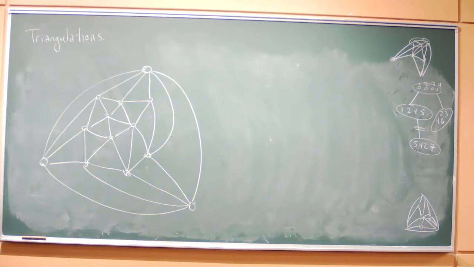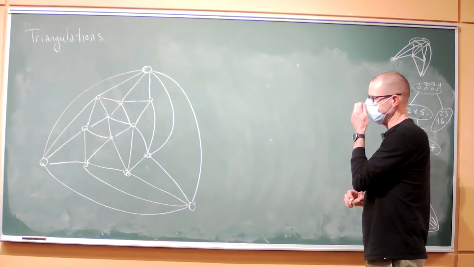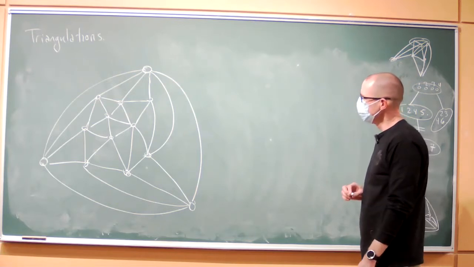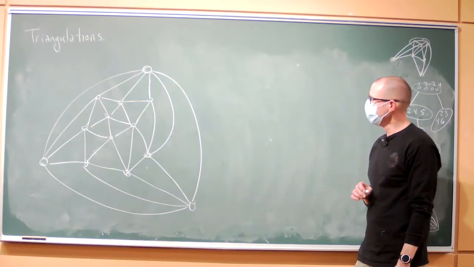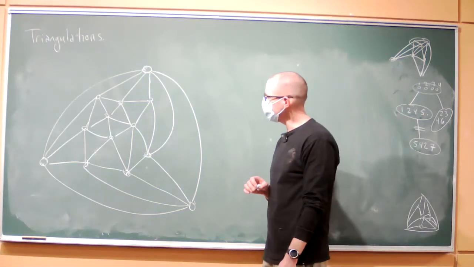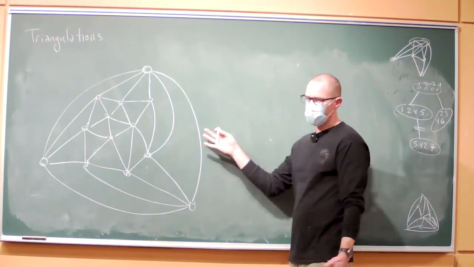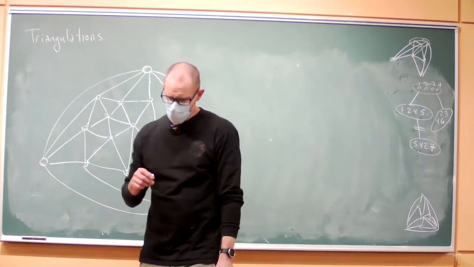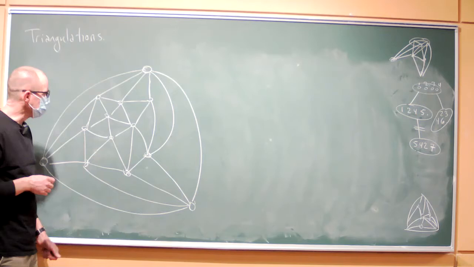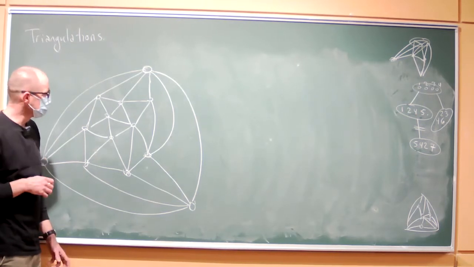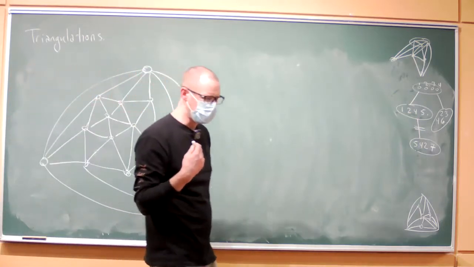Okay. All right, so we've looked at these before. We know a lot about them. There's a formula that will tell you exactly, if you give me the number of vertices, the number of faces and the number of edges in this thing. That's all good. But they're very different than these planar three trees. For example, since every planar graph is contained in a triangulation, there are many things that if they're true for triangulations, they're true for every planar graph.